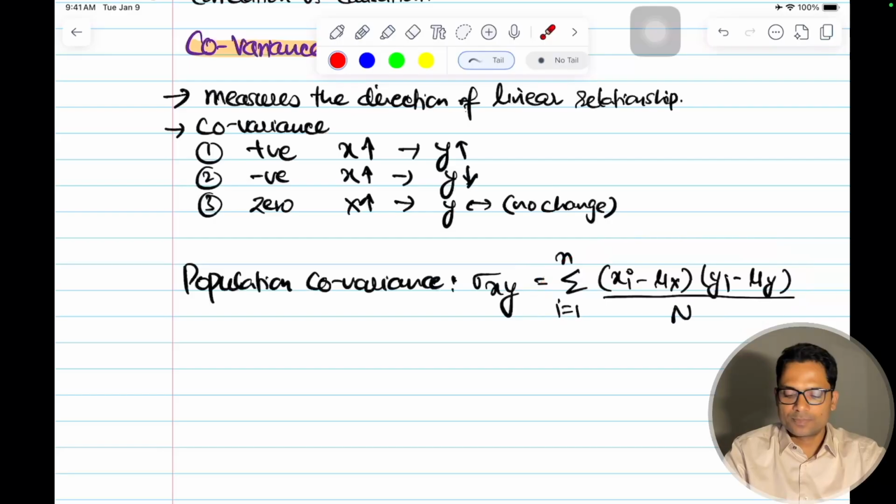So this is what it gives: the distance from the mean of the first variable and the distance from the mean of the second variable, divided by the total number of samples in the population.